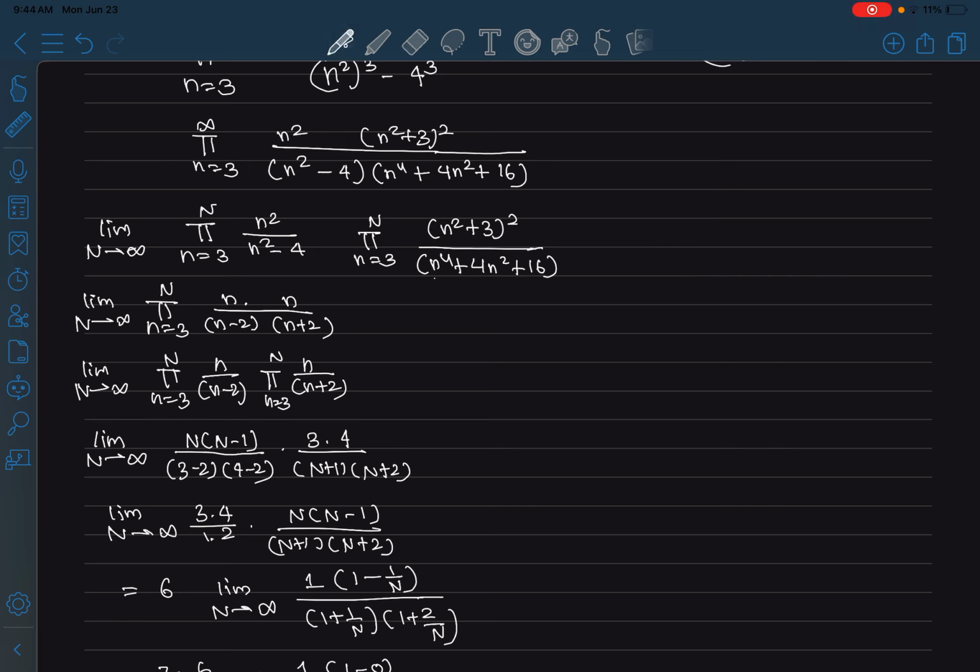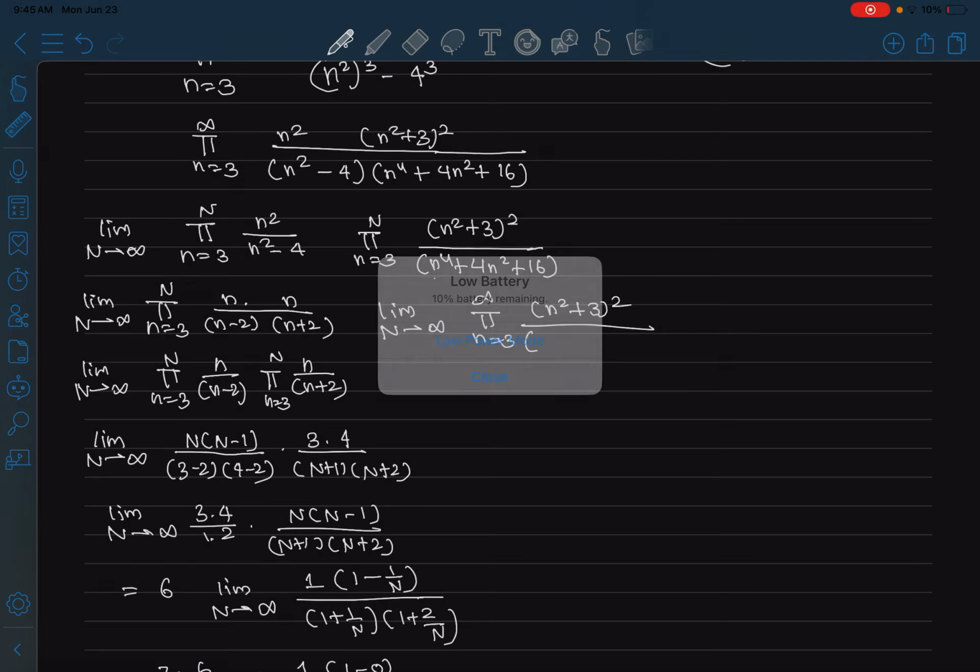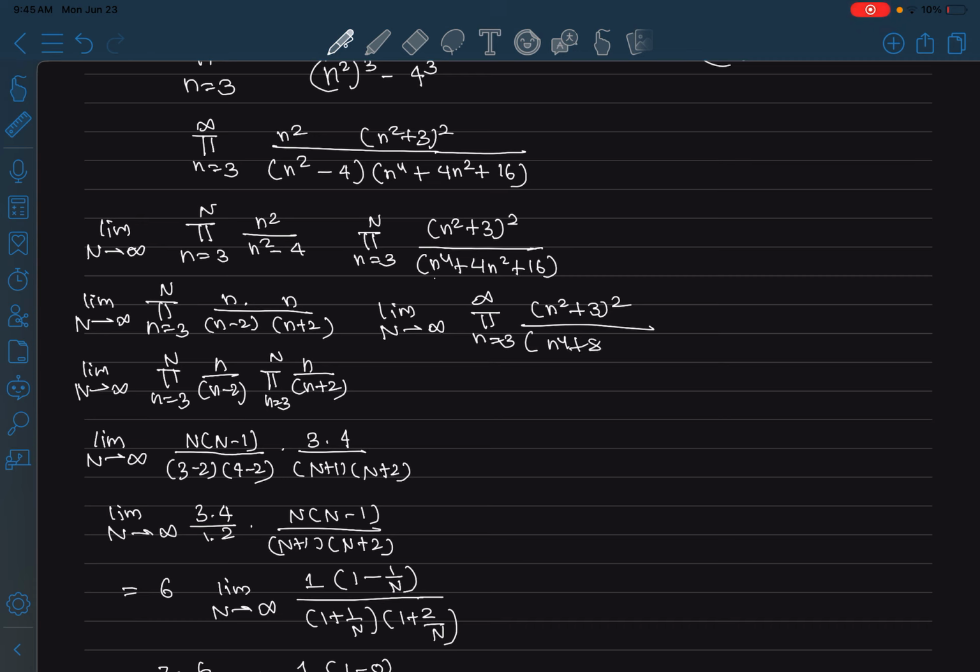So that's what I'm going to do. We have limit n goes to infinity over here as well, right? And then product from n equals 3 to infinity, n square plus 3 square by n to the power 4 plus 8n square plus 16 minus 4n square.